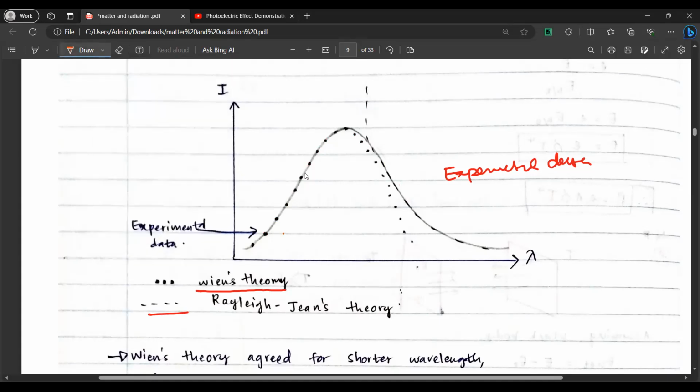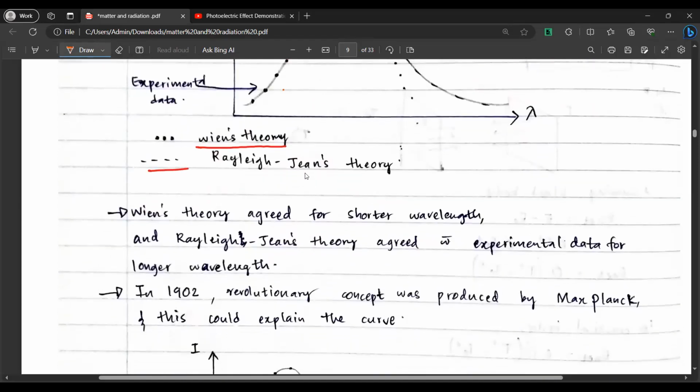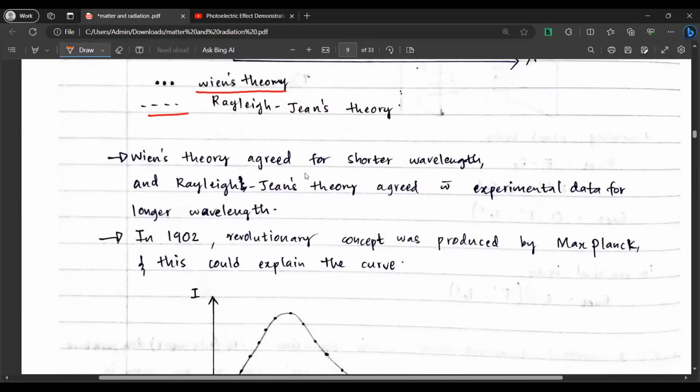So later, Max Planck introduced the concept that energy is quantized. Okay, he didn't give the name photons, but he said that energy is quantized.